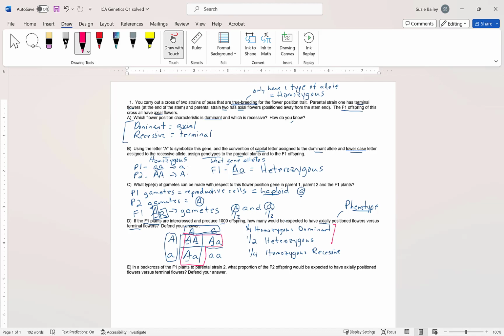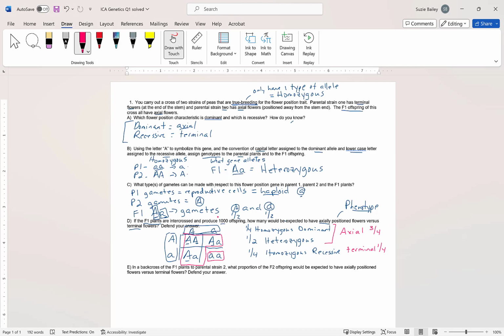Everybody who's homozygous dominant or heterozygous is going to show axially positioned flowers. So that's 3/4 of the population. And then these guys down here, homozygous recessive, are going to show the recessive trait, which is terminal flowers. 1 out of 4.